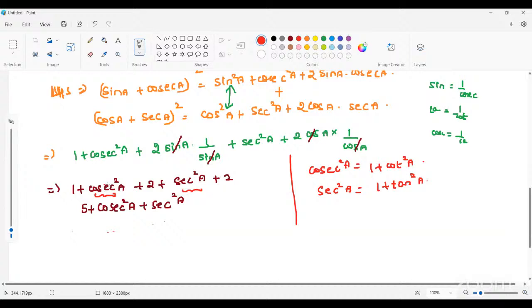Right? So 1 plus cosecant square A plus 2 plus secant square A plus 2. That's all. So we have 2 plus 2, 4 plus 1, 5. Right.